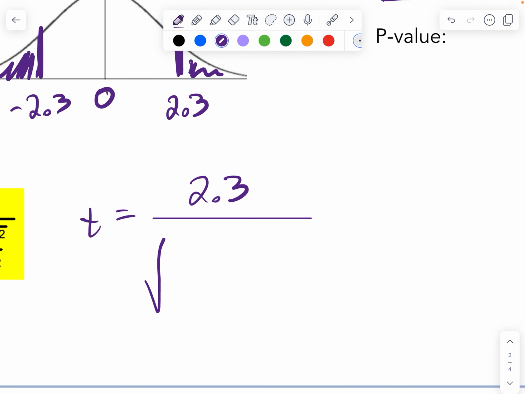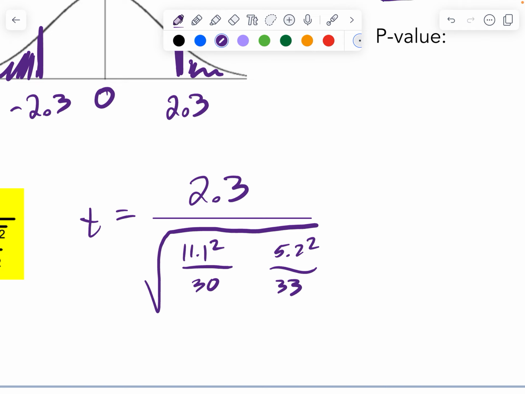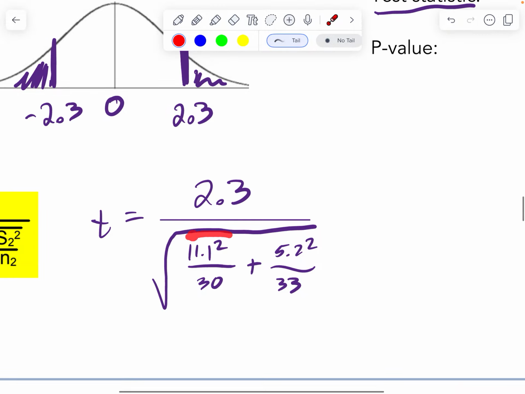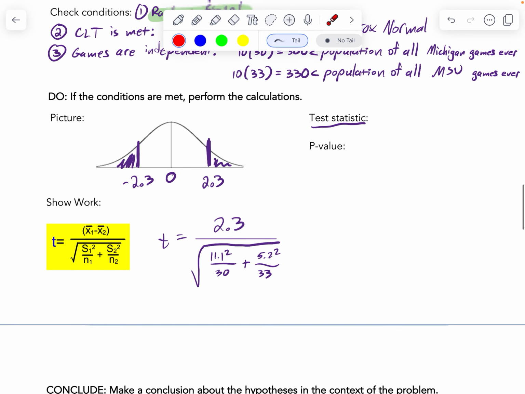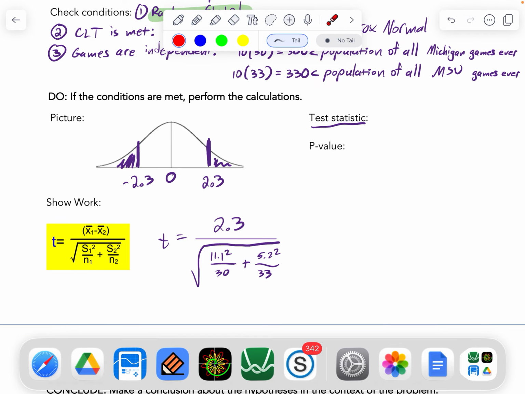So square root of all of that. 11.1, 5.2. Michigan only had 30 games played. Michigan State had 33 games played. Add them up. What we're really doing, if you remember, when you combine standard deviations, you actually add variances, because when you square standard deviation, you get variance. So voila, it's all working.